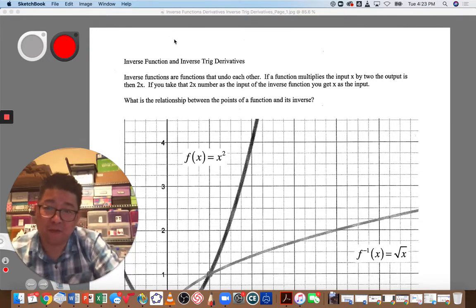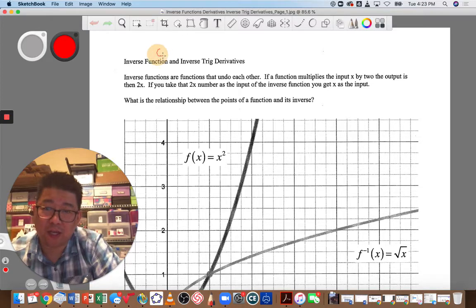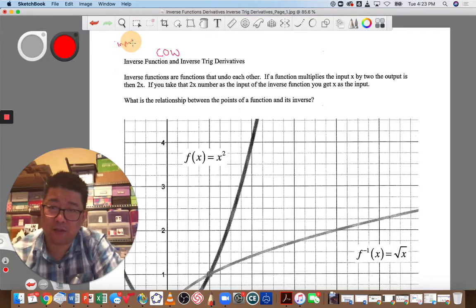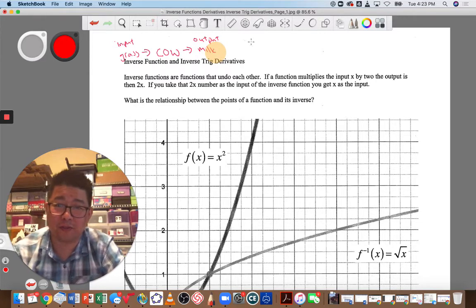Okay, so an inverse function is a function that undoes what another function did. So for example, if your function was called cow and you put your input grass into the cow, what comes out of the cow, the output, should be milk. Hopefully you didn't think something else.